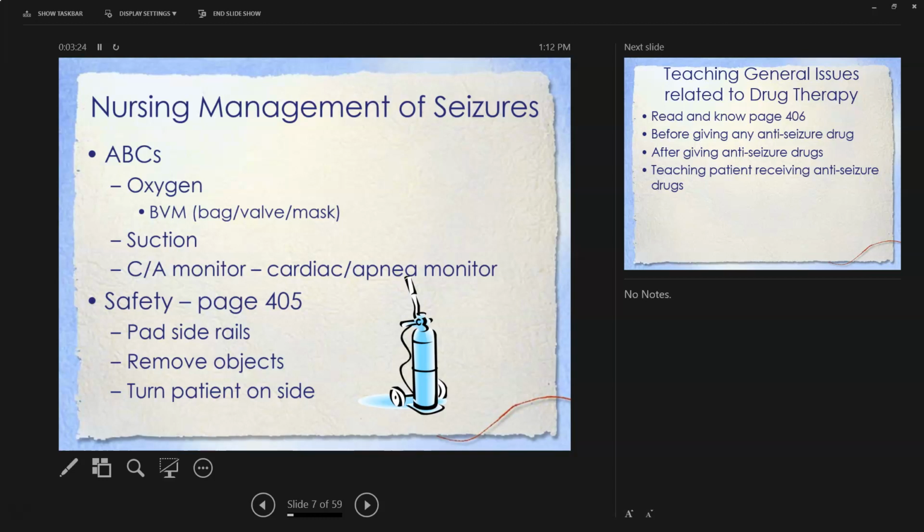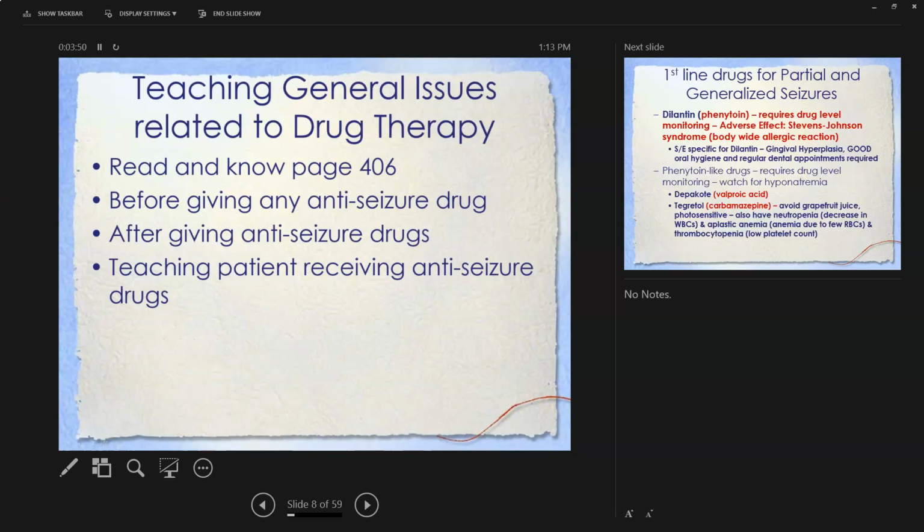I'm sure you've learned that in your skills class, but we would pad the side rails if we know they're an epileptic patient that's going to have frequent potential seizures. Remove objects that are in the bed. Turn the patient, if they're having a seizure, on their side. And those are all listed in the chapter, on page 406.